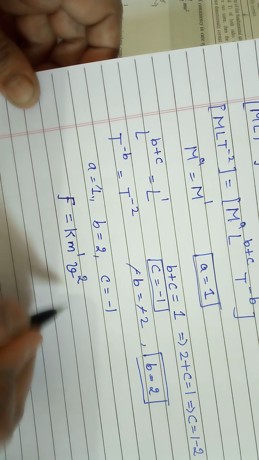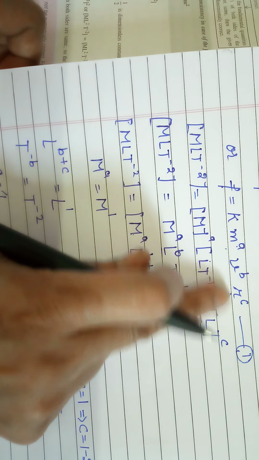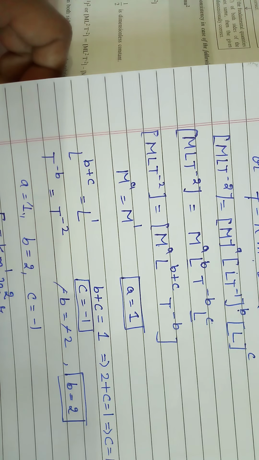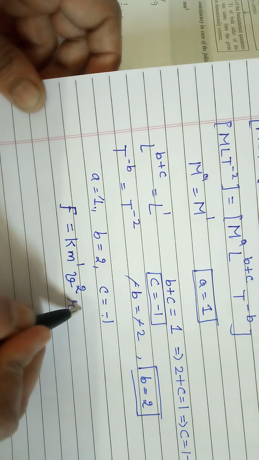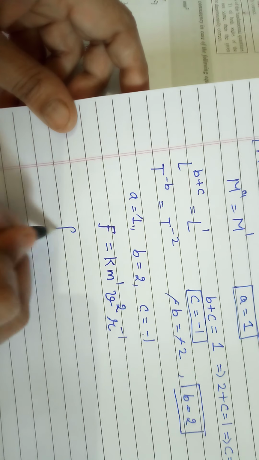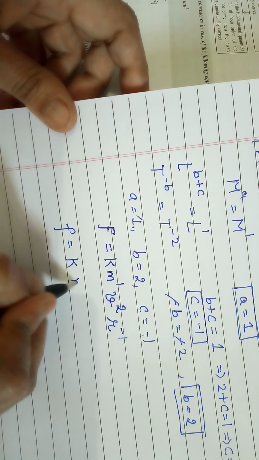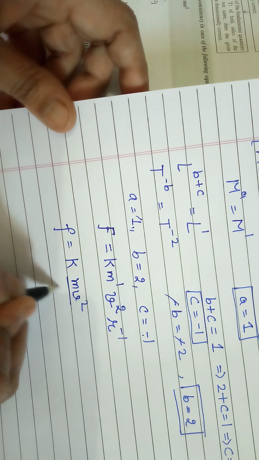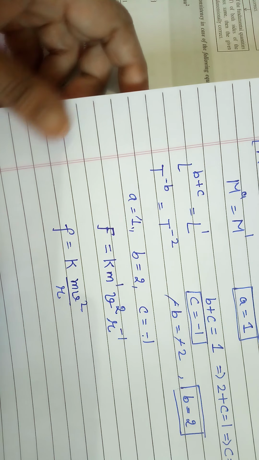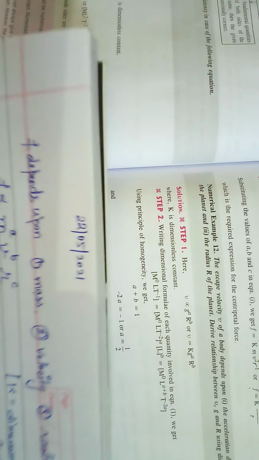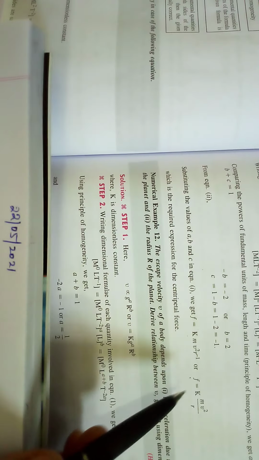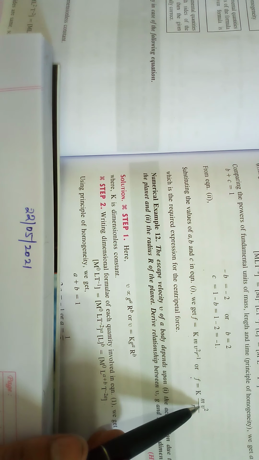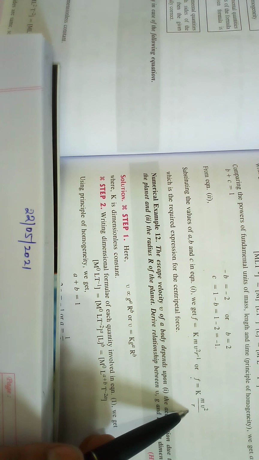And the third one is r raised to the power c, and that is minus 1. So F is equal to K m v square upon r. Clear? So this is the last expression: F is equal to K m v square upon r, which is the required expression. Thank you.